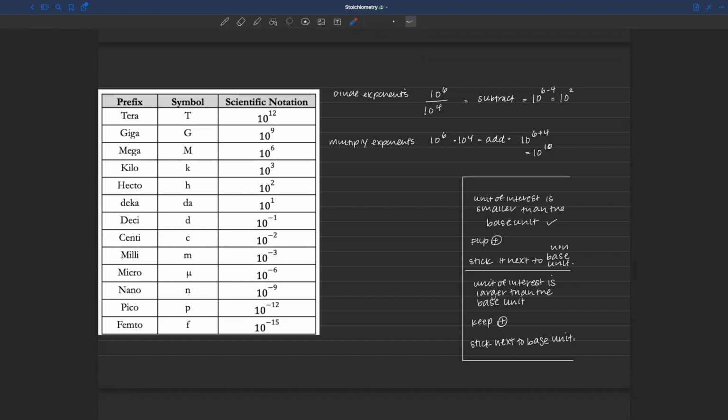Okay, so let's go ahead and get started. What if I told you how many kilograms are in 1 gram? Let's start with that. You always start with the thing that has 1 unit.